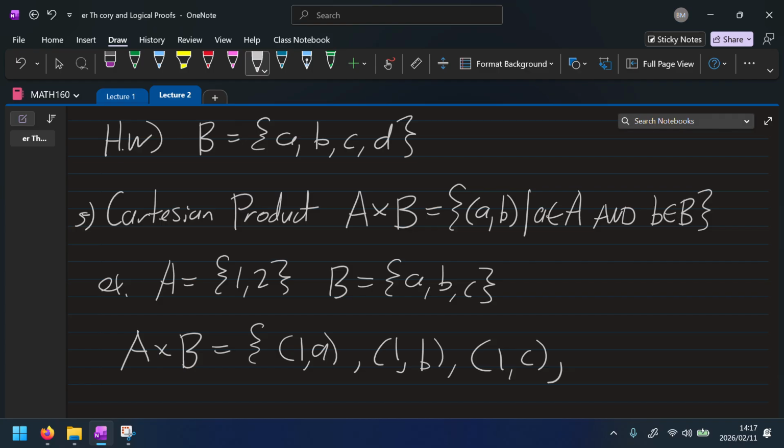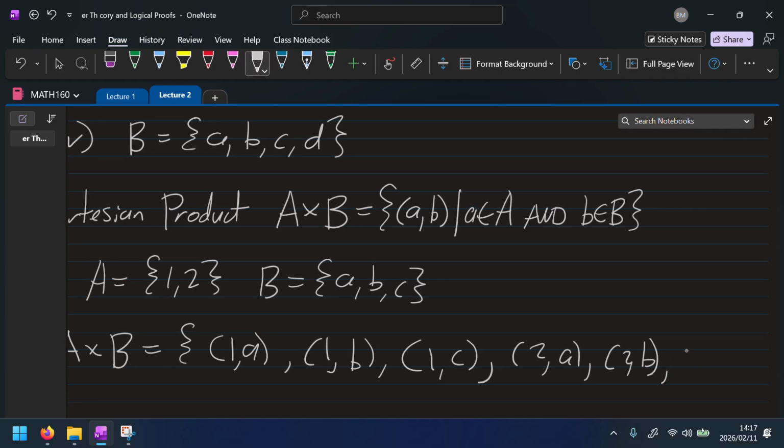Now we're done with all of the elements in B. We go back to A and choose the second element, and start from the beginning. So 2 goes with a, 2 goes with b, and finally 2 goes with c. There's nothing more from B, nothing more from A, so we're done.